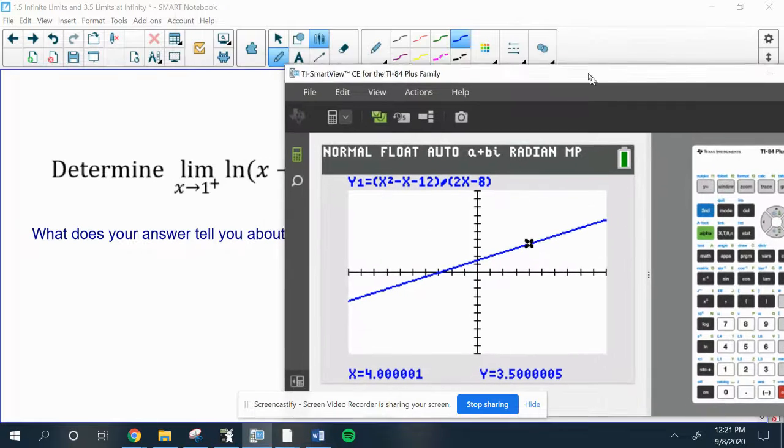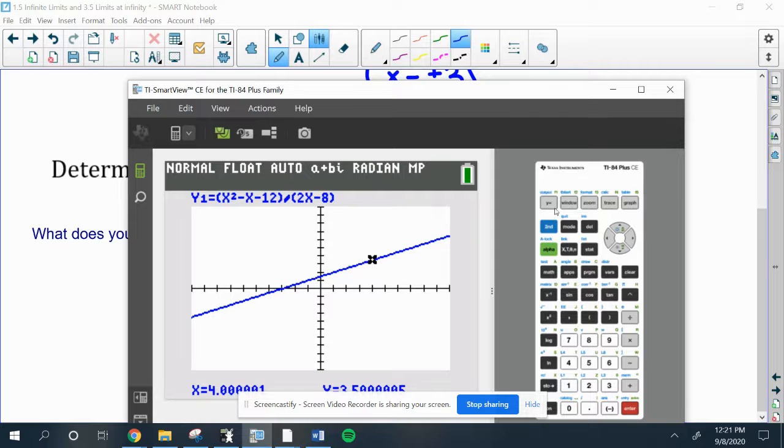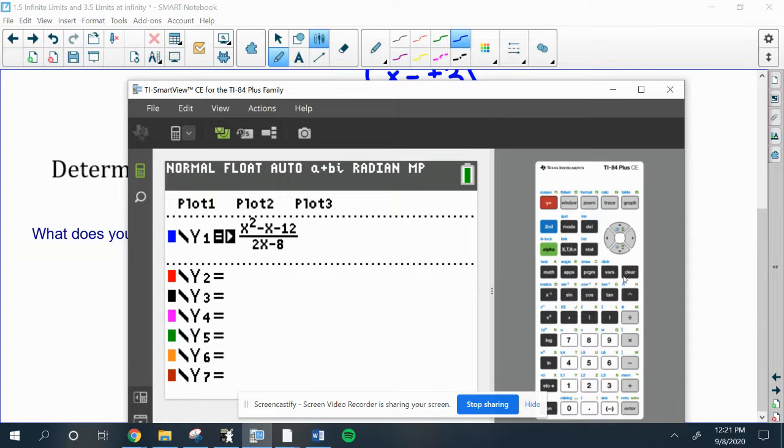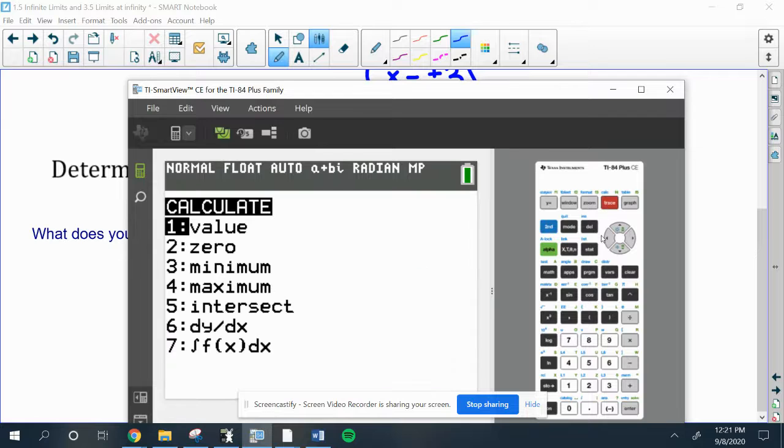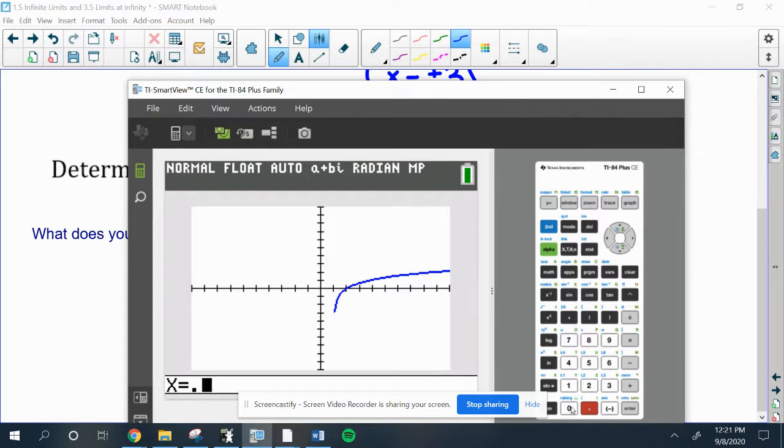To do so, I'm going to graph y equals the natural log of x minus 1. And then since we're approaching 1 from the right, I'm going to look at the value, say, at 1.00.